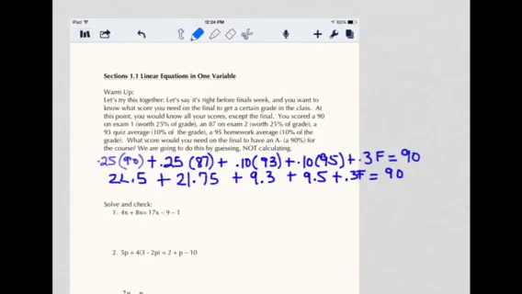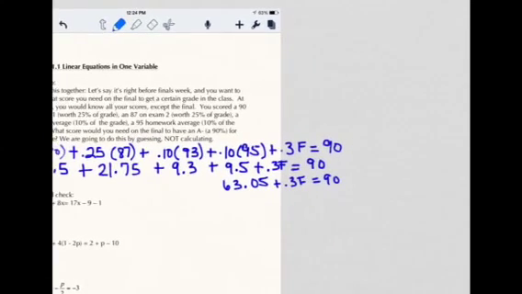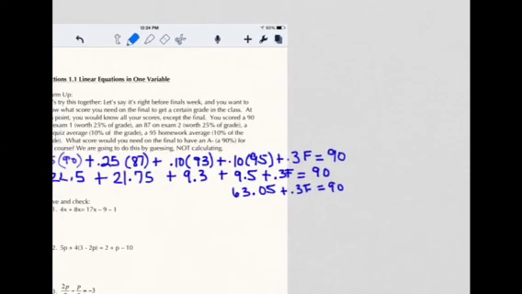So adding these all together, you get 63.05 plus 0.3 times your final grade has to equal 90. So let's make guesses for what F would be.